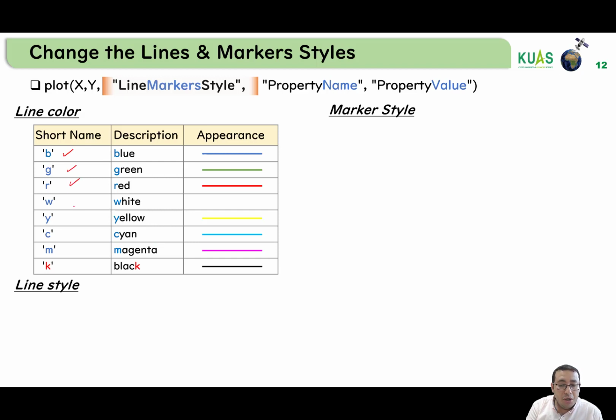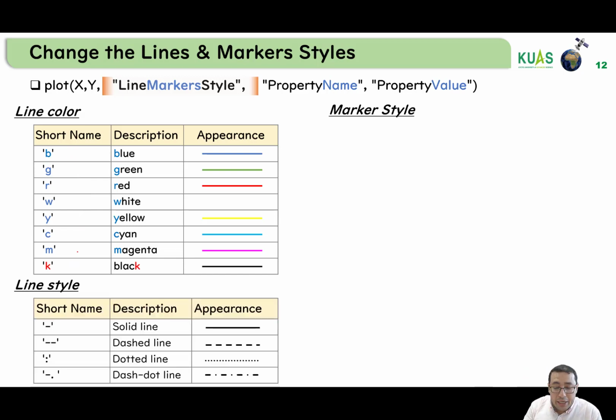For the red, R. For the white, W. For the yellow, Y. For the cyan, C. For magenta, M. For black, because we use the B for the blue, for the black, we use the last color, which is K. So now we understand that the short name we are going to use for the color, mostly the first letter, except for the black, which is the last letter.